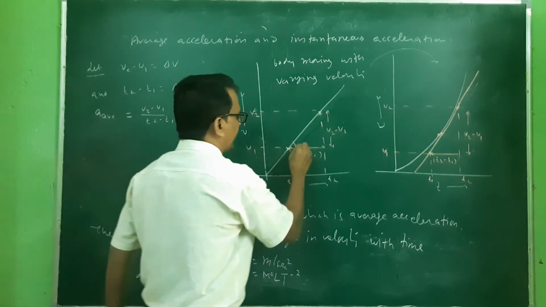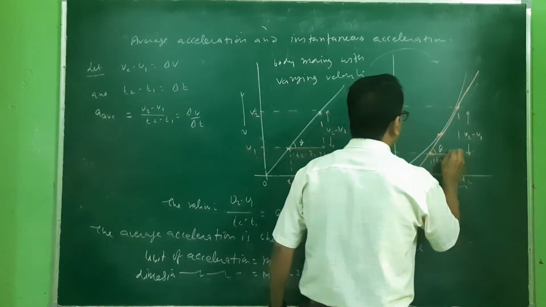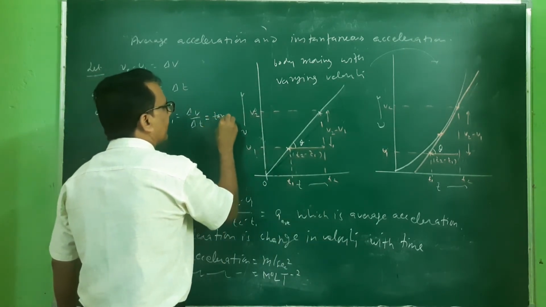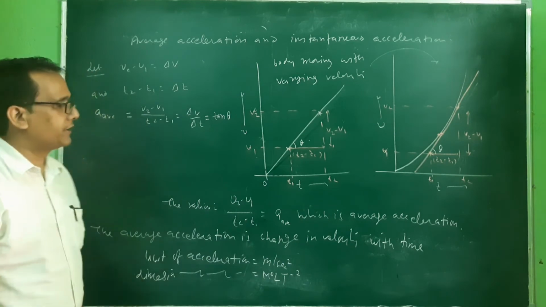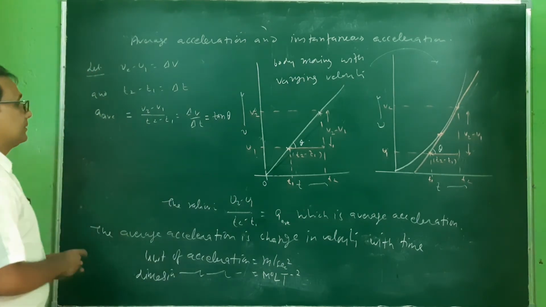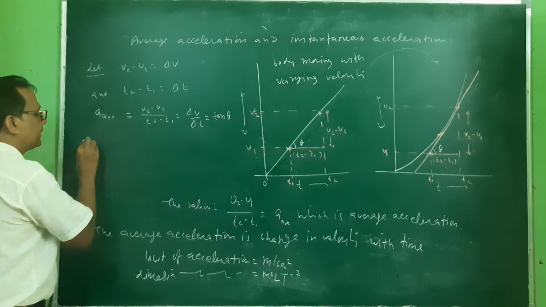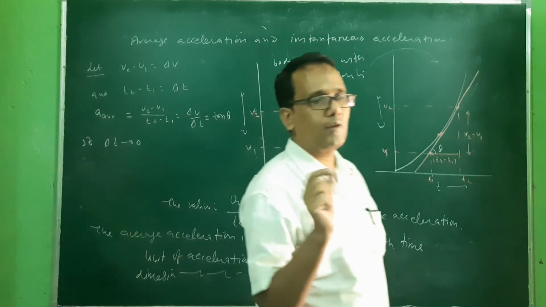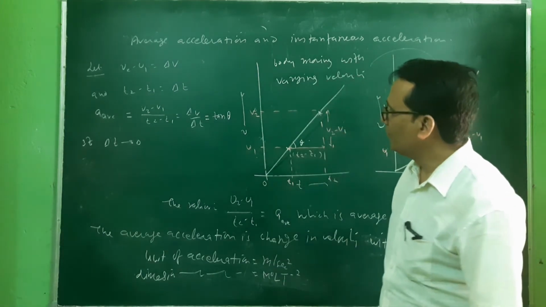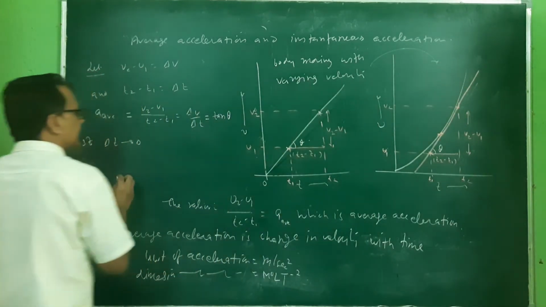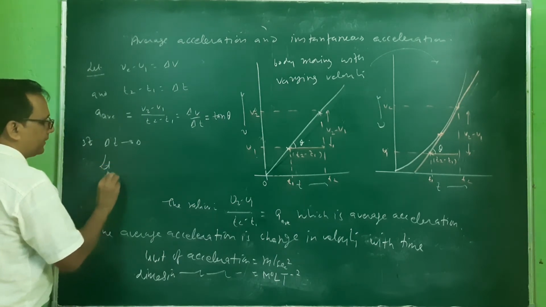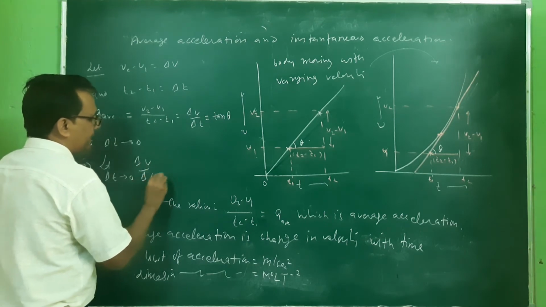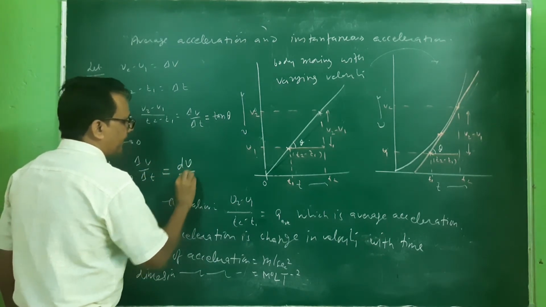If this angle is theta, then this ratio can also be represented as tan theta. Now if this delta t tends to 0, again we are taking this time interval as an infinitesimal, very small value, then in the limit delta t tends to 0, delta v by delta t can be written as dv by dt.